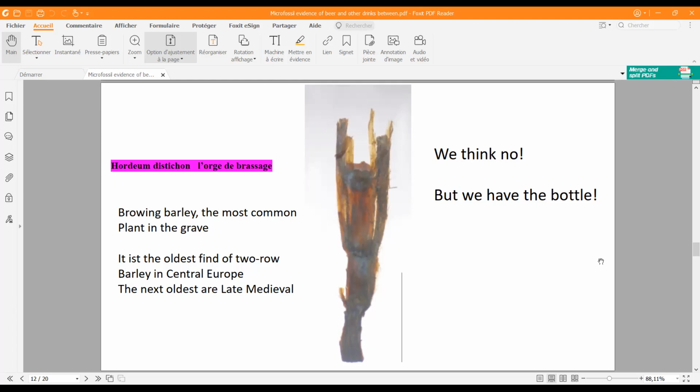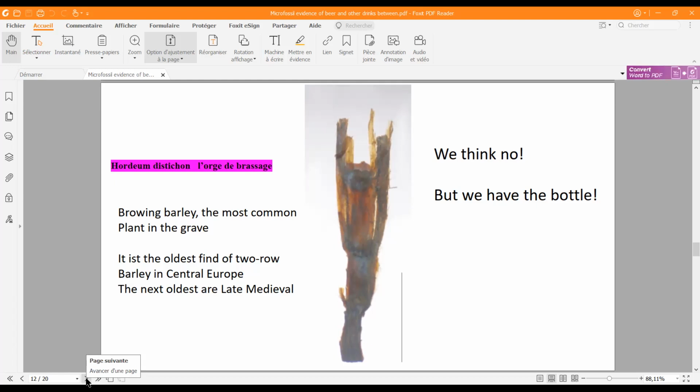The archaeologists here know that for the identification of naked barley, you need either stocks of charred grains. With normal barley, with six-row barley, you have grains which are not symmetric.